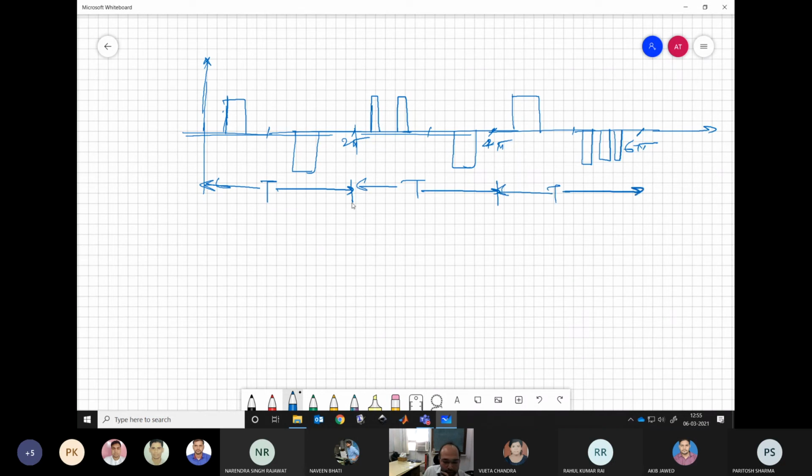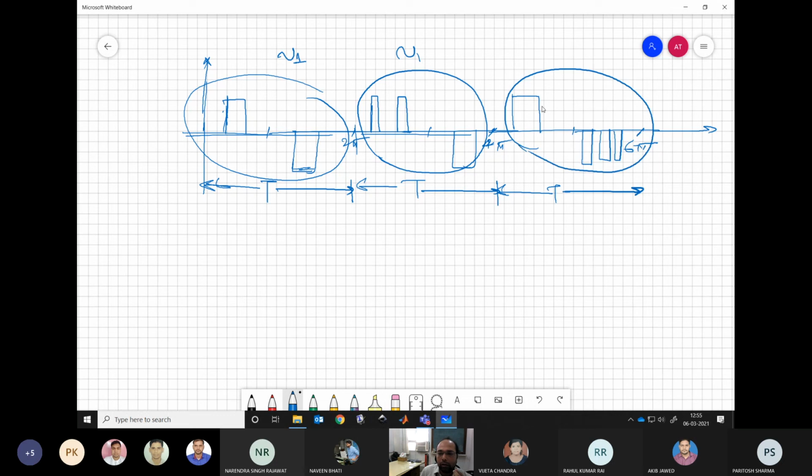So what will happen to this waveform? What unnecessary things would be getting injected into the system? First of all, we know that if this waveform is not the same as this waveform, there is a tendency that it may have different V1 values in all the different intervals. So all this V11, V12, V13 could be different. This is the first problem it may have.